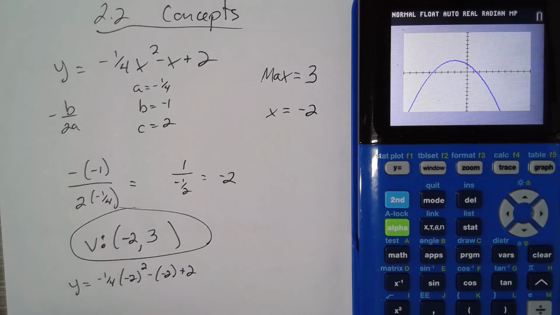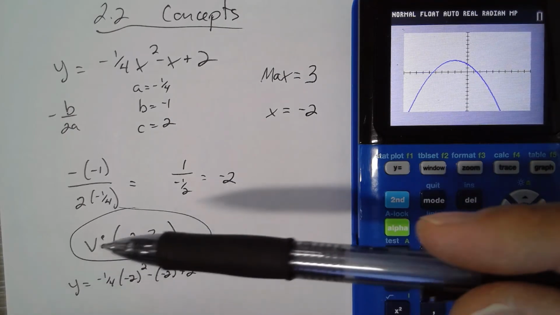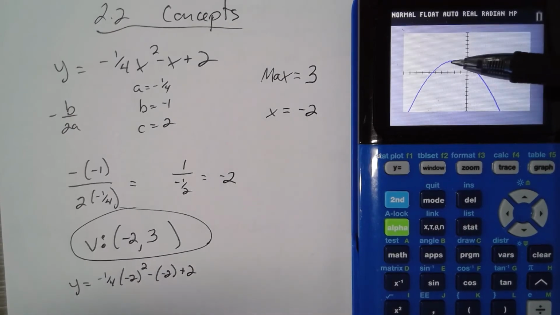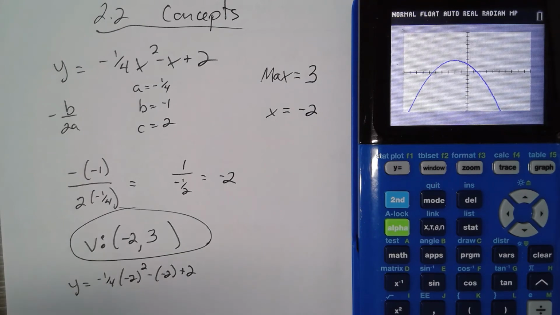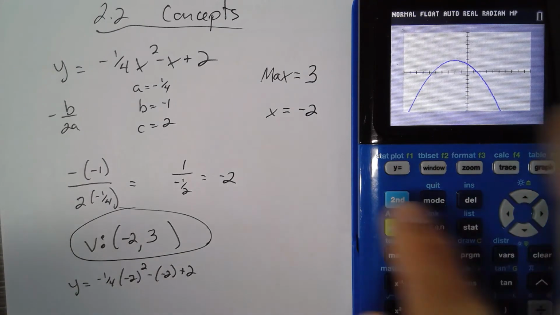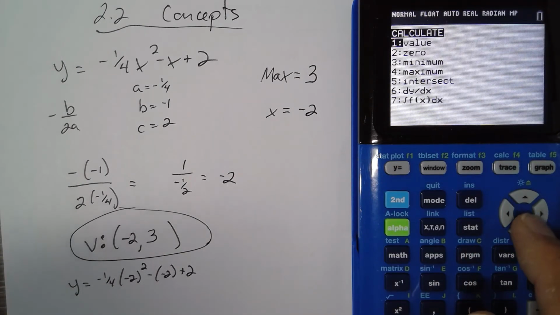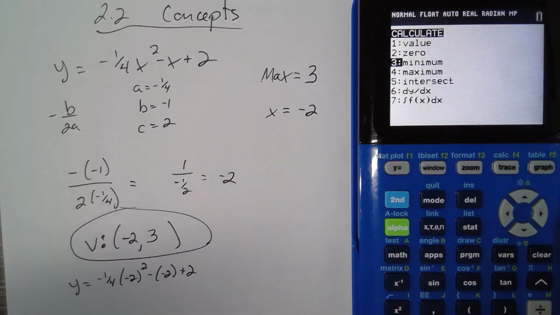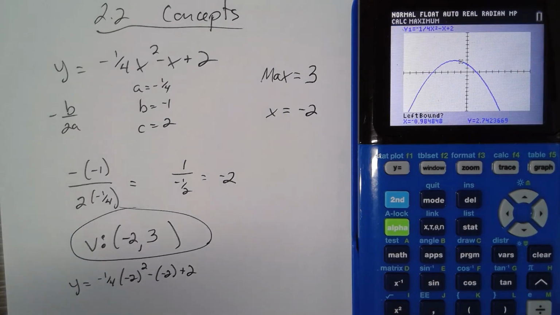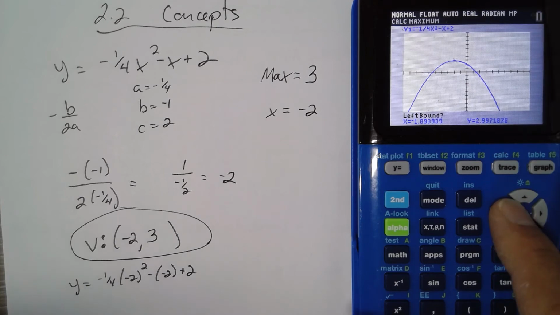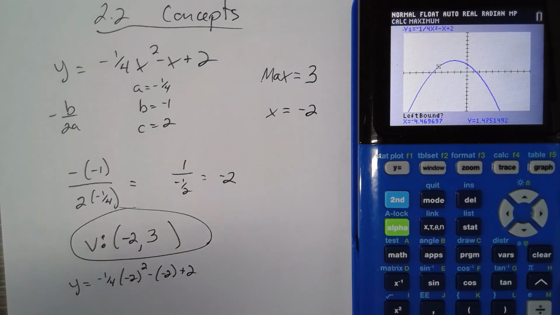Other things you can do on your calculator: if you're just going to double check what our vertex is, negative 2, 3, we could do that on our calculator. It's under calculate again. So second, calculate. In this case, it's going to calculate the maximum. It says left bound, so we put our cursor on the left side of where we think the maximum is. Hit enter.